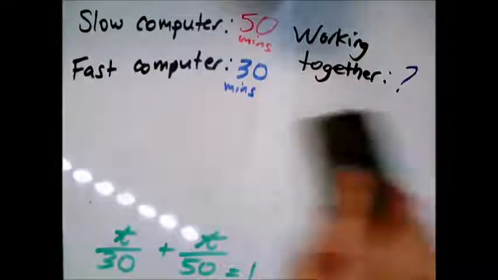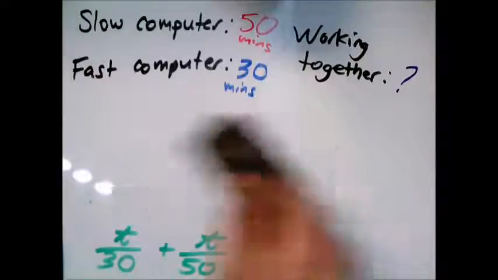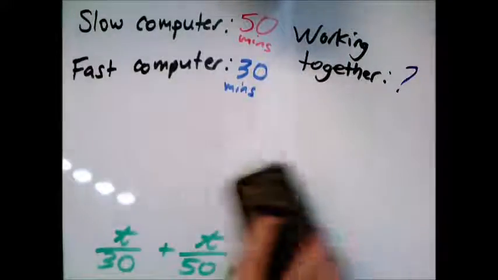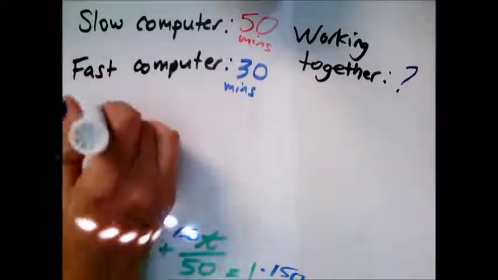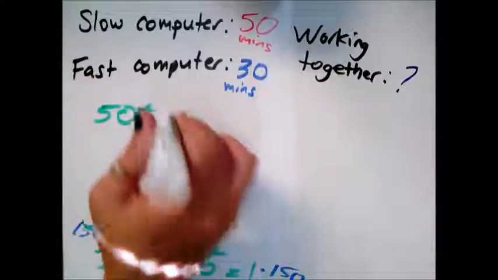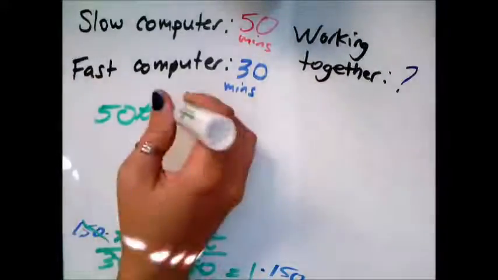Notice if I want to get rid of all the fractions, what could I multiply by? Something that 30 and 50 both go into, like 150. If I'm going to do that, I have to do it to the whole equation. So 150, 150, don't forget this, times 150. Here, 150 divided by 30 is 50t, and 150 divided by 50 is 30t.